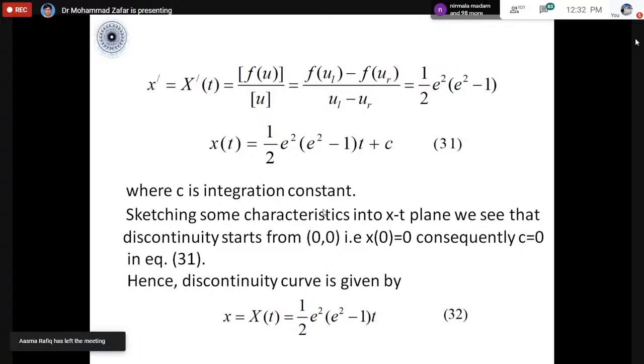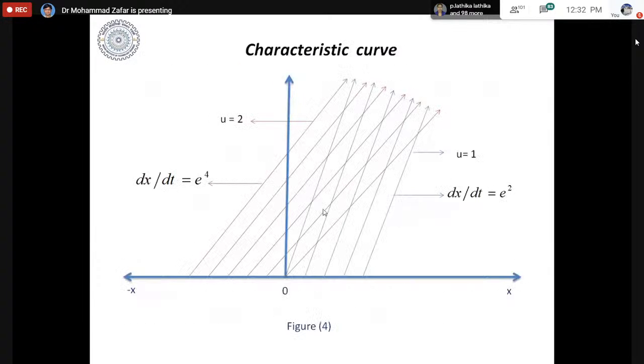Now, sketching some characteristics in the xt plane, we see that the discontinuity starts from 0. Jafar, can you show the curve? Yes, this characteristic curve. We see that at the origin, when x is 0, t is 0.